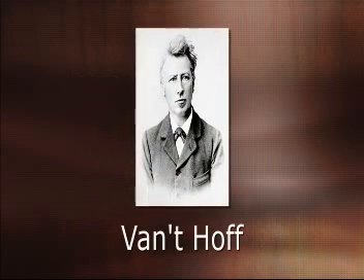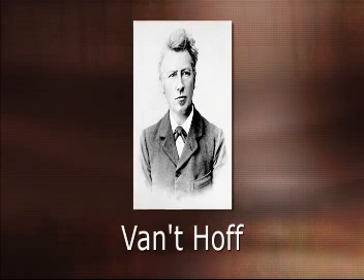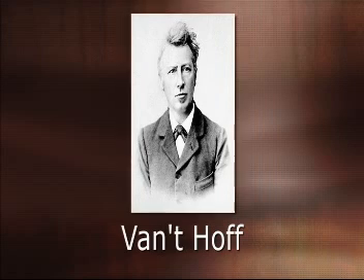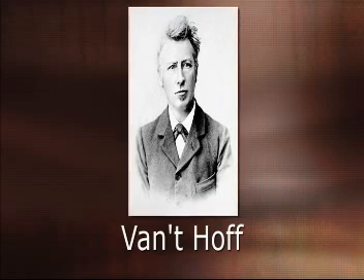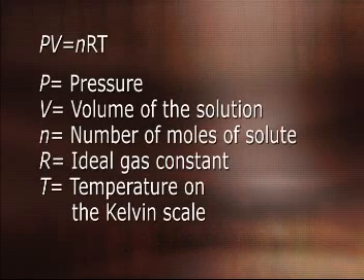Dutch physical and organic chemist Jacobus Henricus van 't Hoff discovered that osmotic pressure obeys a law that is similar to the ideal gas law. V represents the volume of the solution. N is the number of moles of solute.